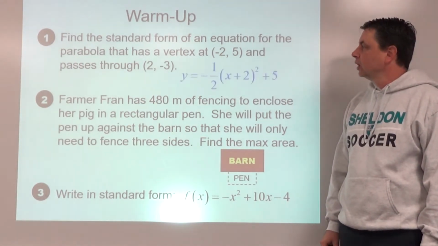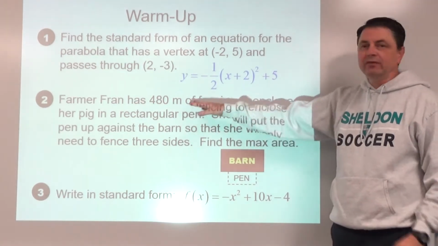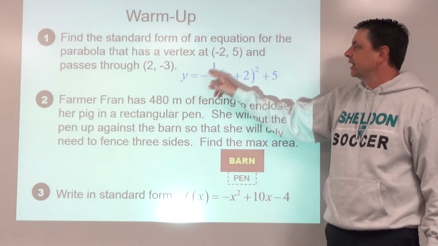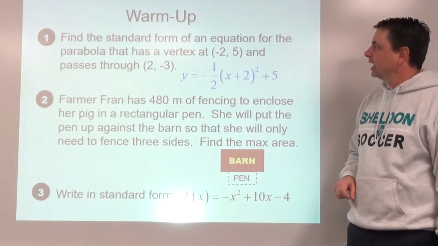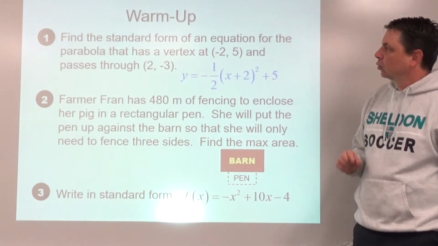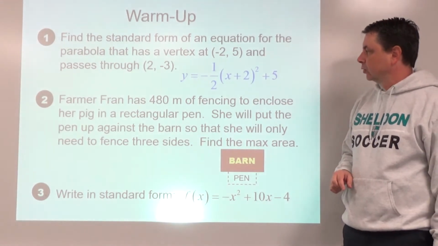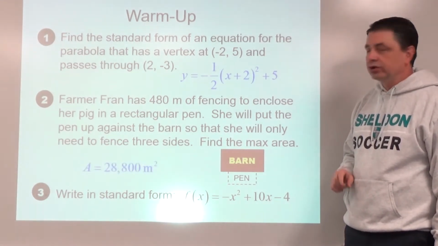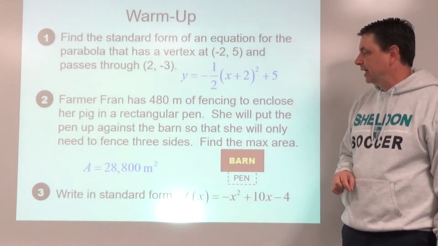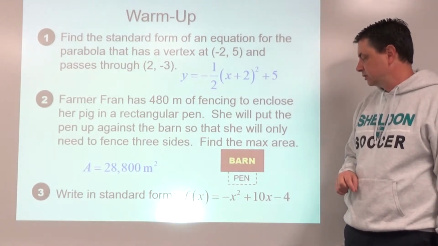All right, number one, you should have gotten f of x, or y, equals negative 1/2 quantity x plus 2 squared plus 5 as our quadratic function in standard form. For number two, you should have gotten 28,800 square meters.